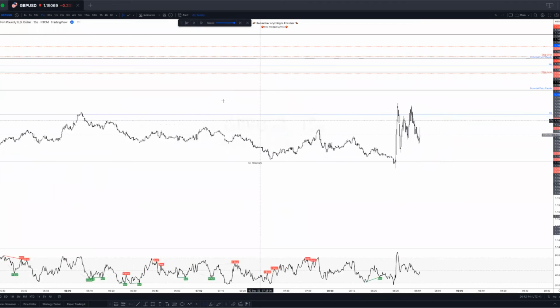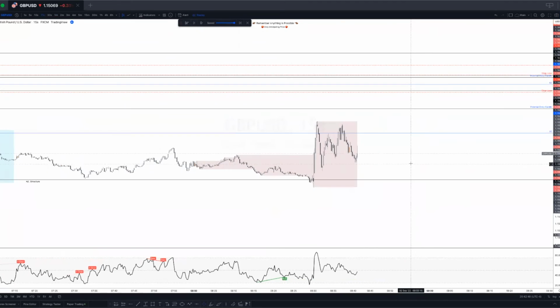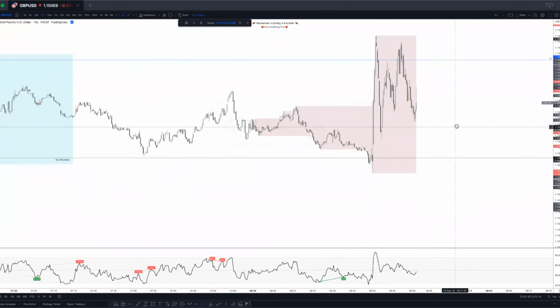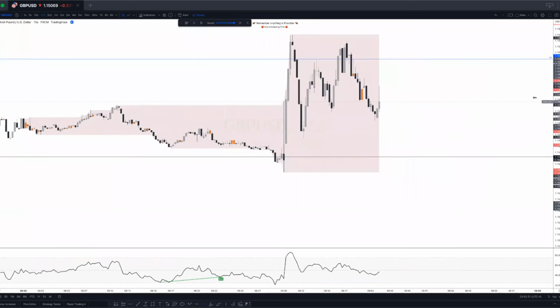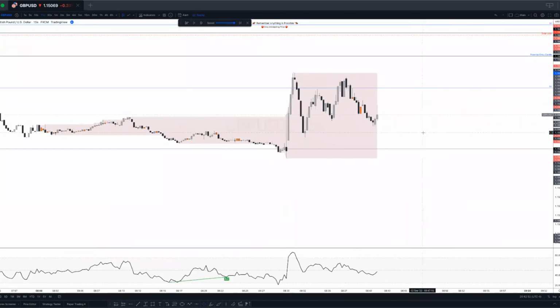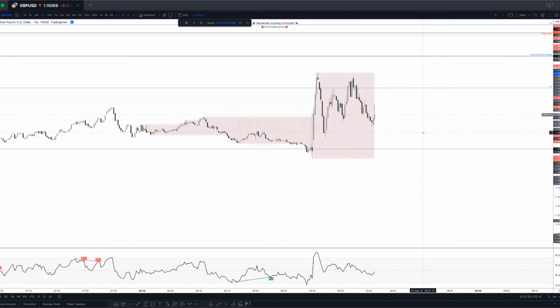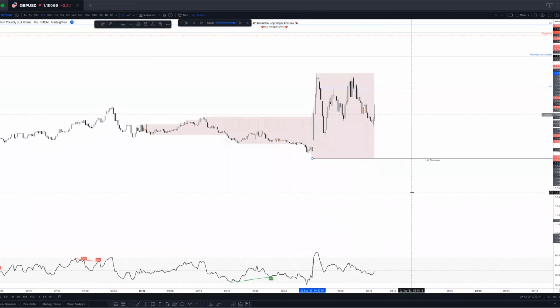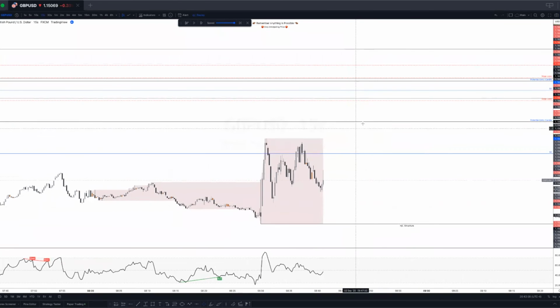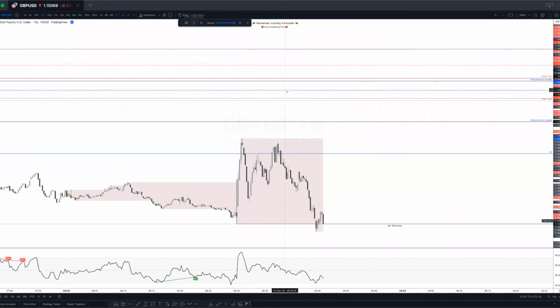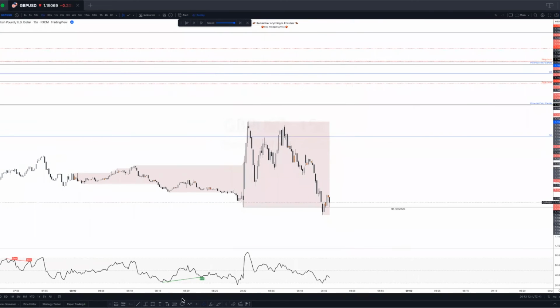So let's look for weaknesses. This is when I messed up. So let's see what happens. All right. Like that. This is the low, my high low. This is my entry candle. Okay. So we broke. We literally just broke.